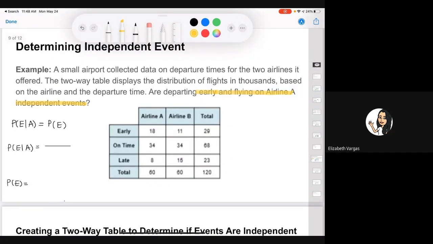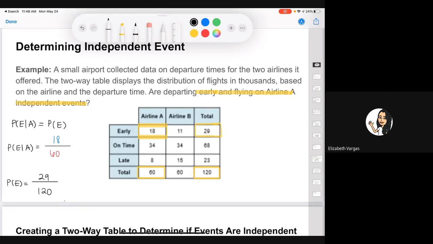So I want the total number of airline A, 60. And then I want the total number of early in airline A, 18. And then for the bottom one, I want the total number of flights and those that departed early.